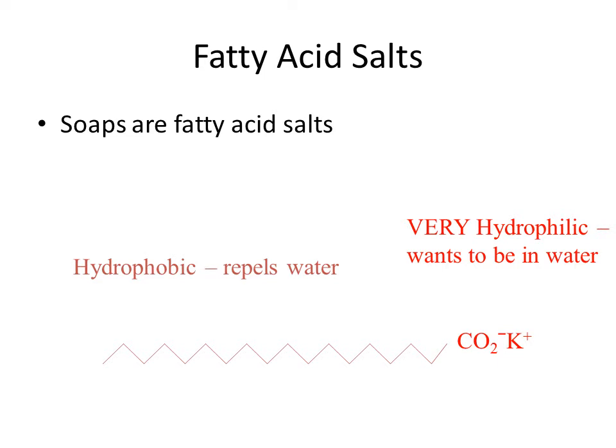It repels water. The salt portion of it is the carboxylic acid anion, with a negative charge, and then the metal part, which is positive, a cation, is ionic, and ionic compounds, as you know, are very water soluble and want to be in water. We say they are hydrophilic.